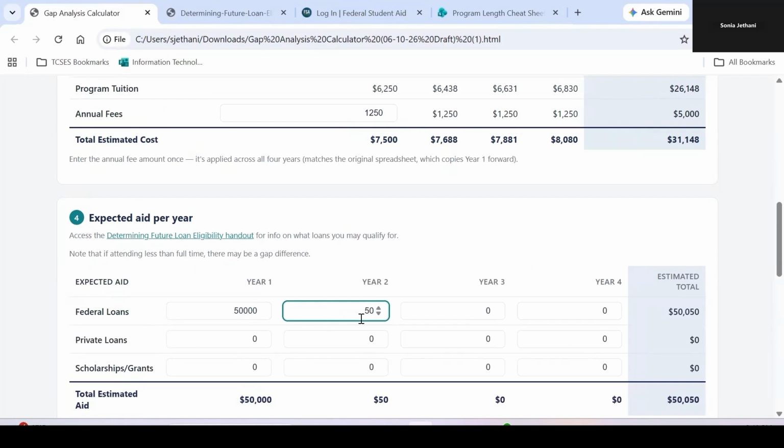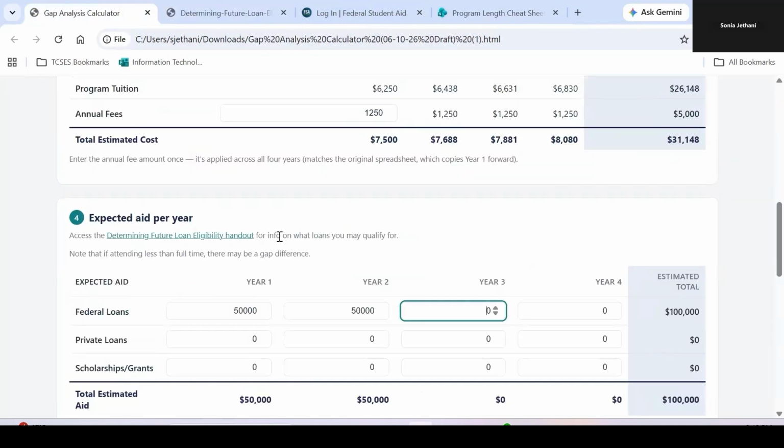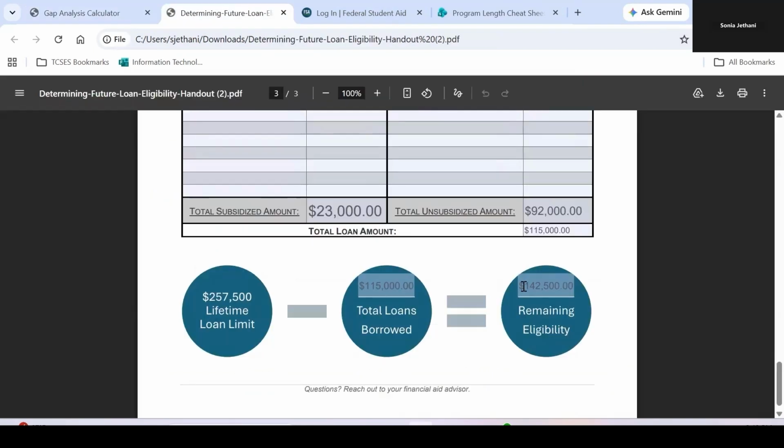My second year, I will again be able to borrow up to $50,000, with my third year being eligible to borrow the remaining $42,500. Note that the estimated total amount, $142,500, must equal the $142,500 amount in your remaining eligibility through the Determining Future Loan Eligibility handout.